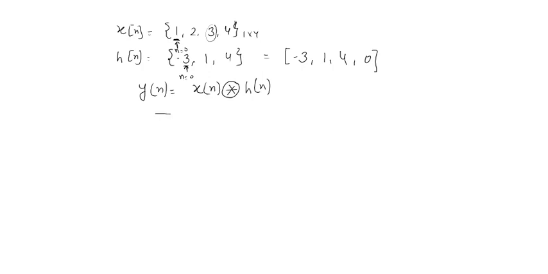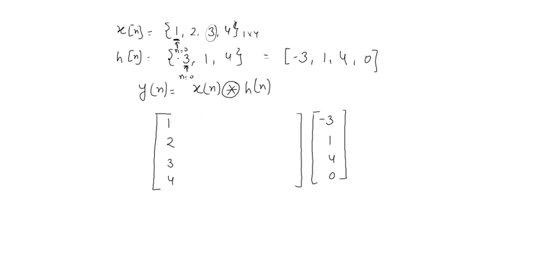One signal you shift in a matrix, and one signal you keep as it is. You can take either signal. Let's say the second signal I keep here: -3, 1, 4 and 0. With the first signal, keep those numbers here, 1, 2, 3 and 4, and then you shift it.